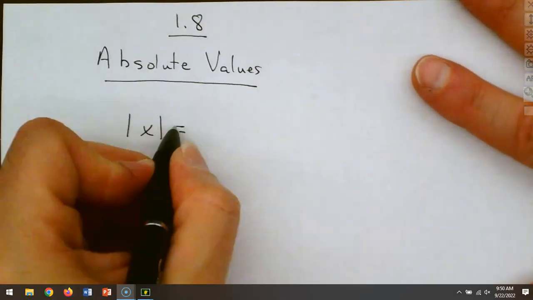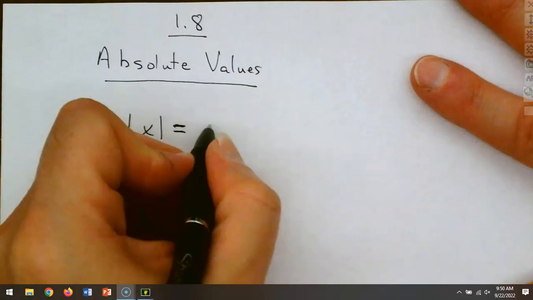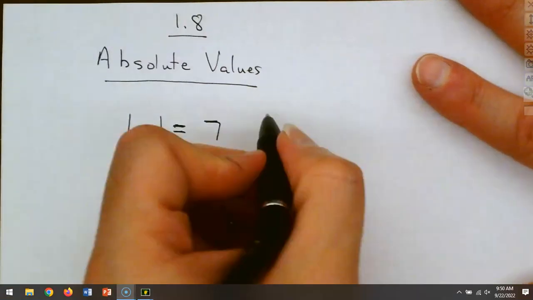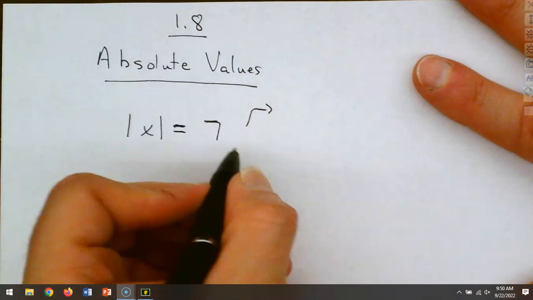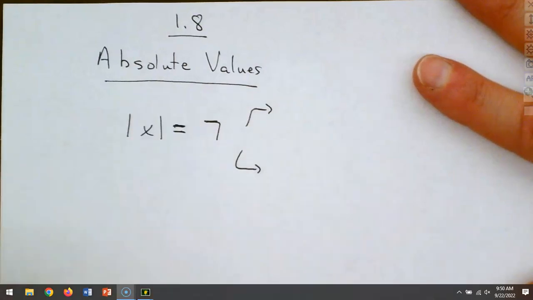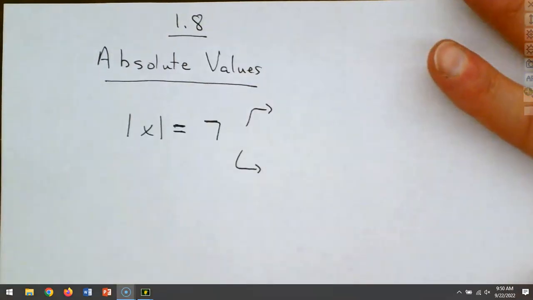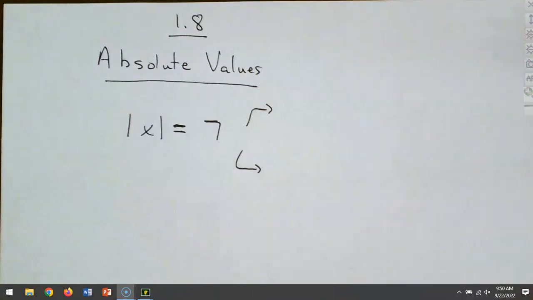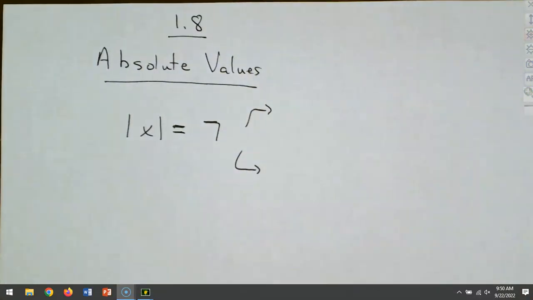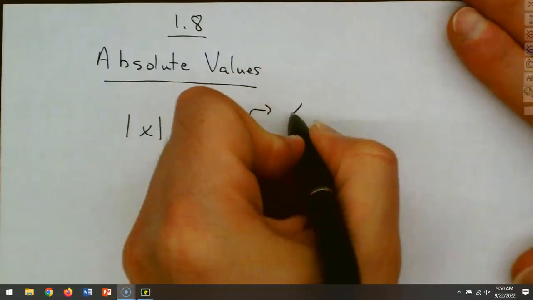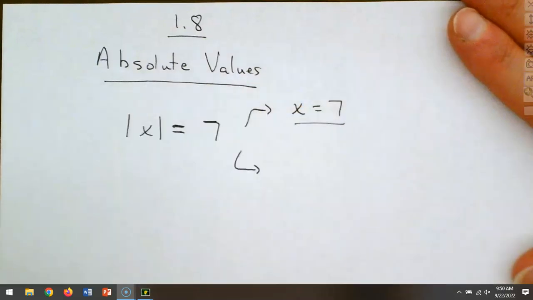Let's look at the absolute value of x equals 7. Well, there's actually 2 numbers that will work. What would the 2 numbers be? What number can I take the absolute value of and make it 7? That's pretty easy. That's going to be 7. And what's another number that also gives you an absolute value of 7?